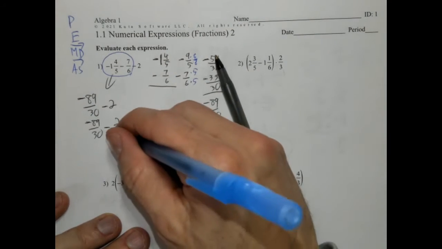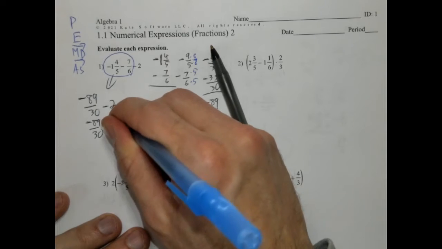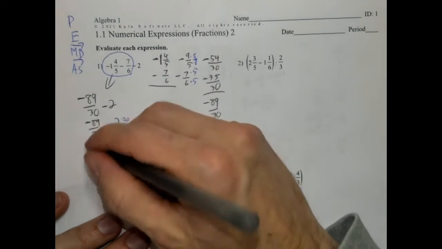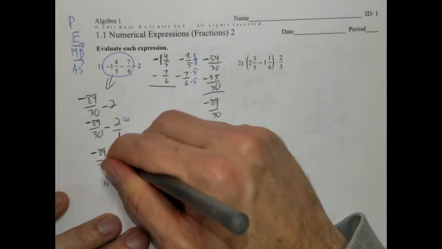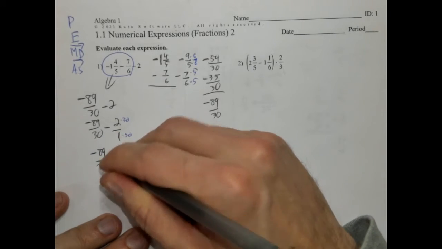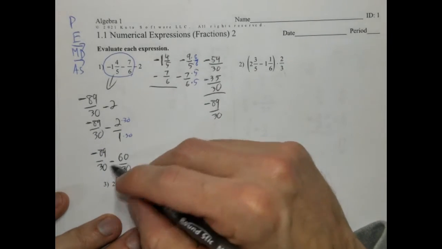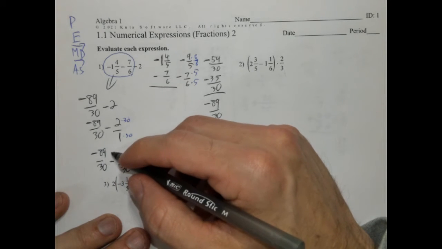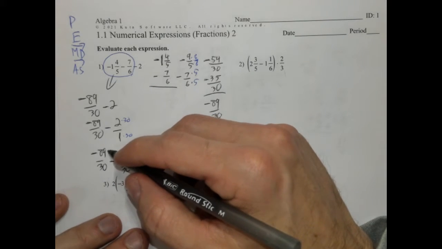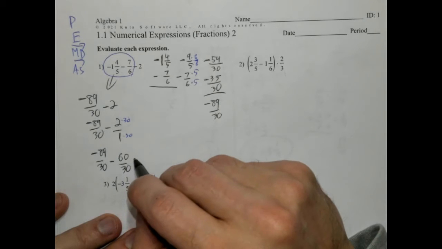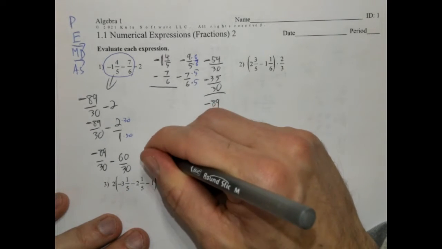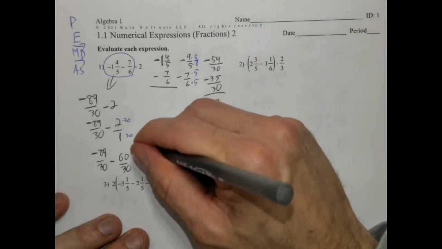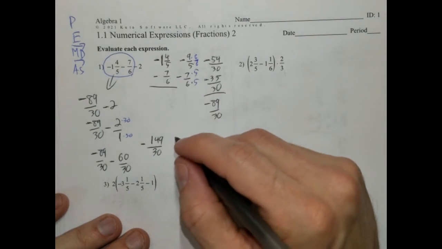So we have negative 89 over 30 minus 60 over 30. They're both negative, so we add and keep the sign. They have the same denominator, so we can combine the numerators. 89 plus 60 is 149, and it's negative because we're adding and keeping the sign. So we have negative 149 over 30.